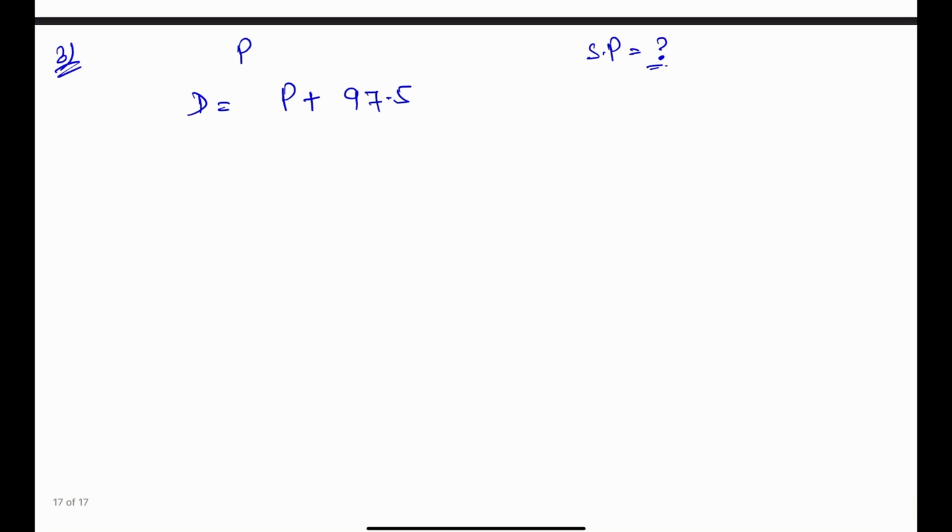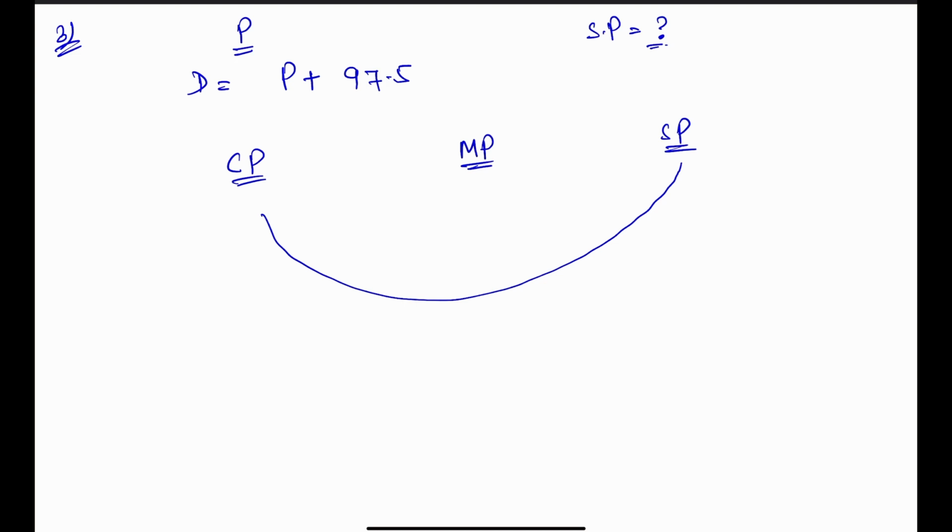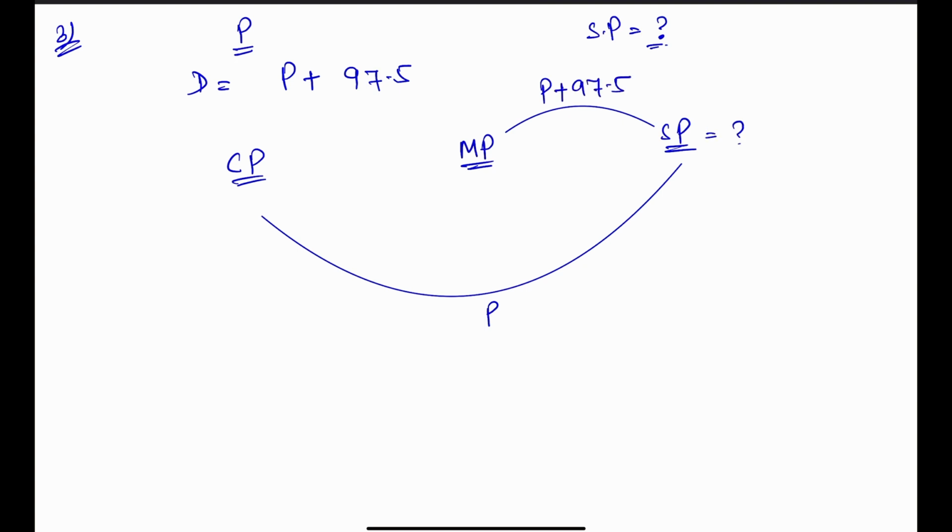So if my profit is this much, CP, MP and SP, let's try to use some ratio if we can. If this is called my profit, and the discount is the difference, this much is p plus 97.5, so what is my selling price?